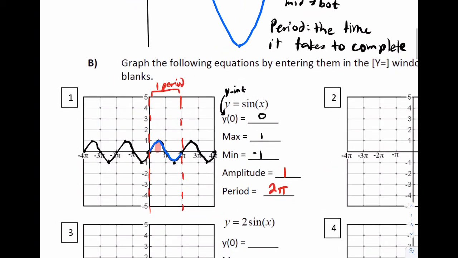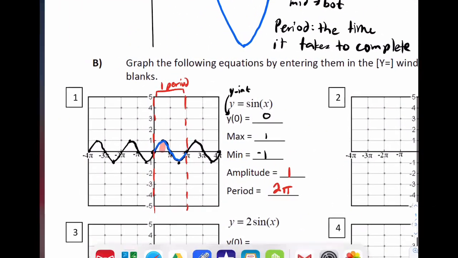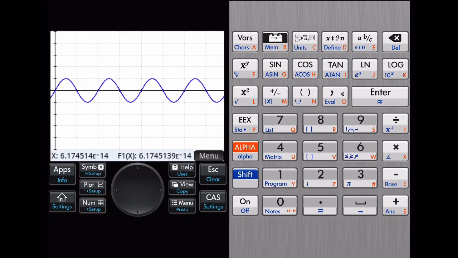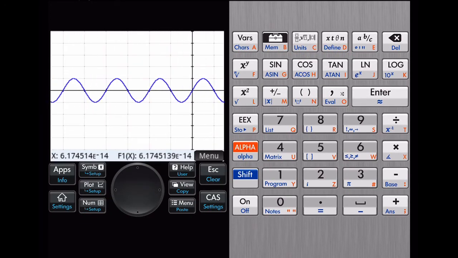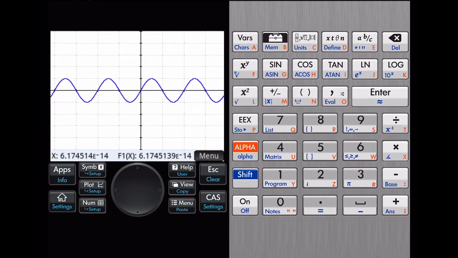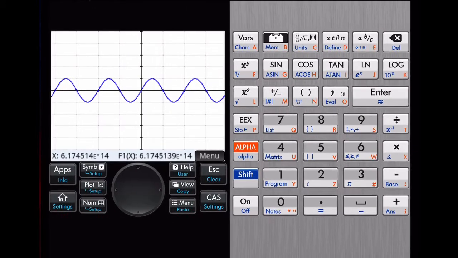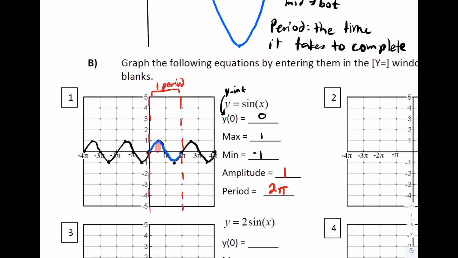What's interesting about this is that it continues forever. If you go back to your calculator and scroll very carefully, notice how it continues forever. But on our graph here, if I were to ask you to section it off, hopefully you can see that there are actually 4 periods here: 1, 2, 3, and 4.